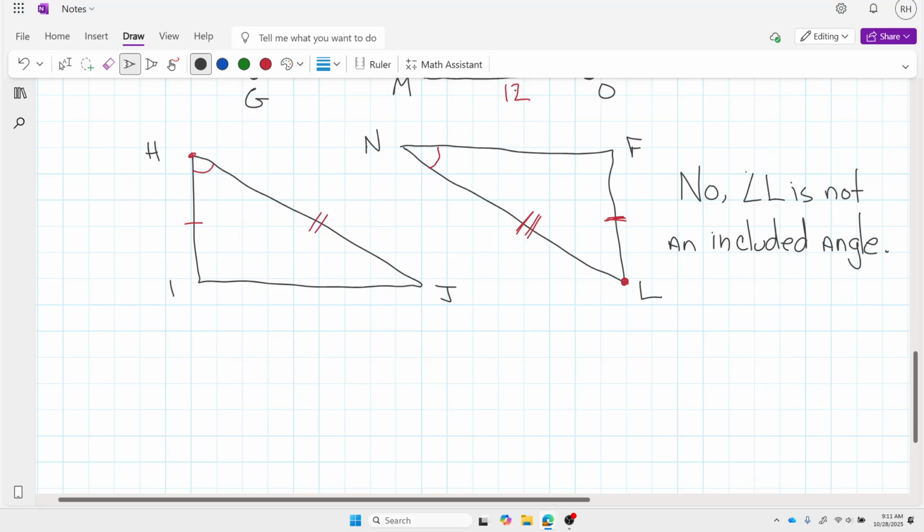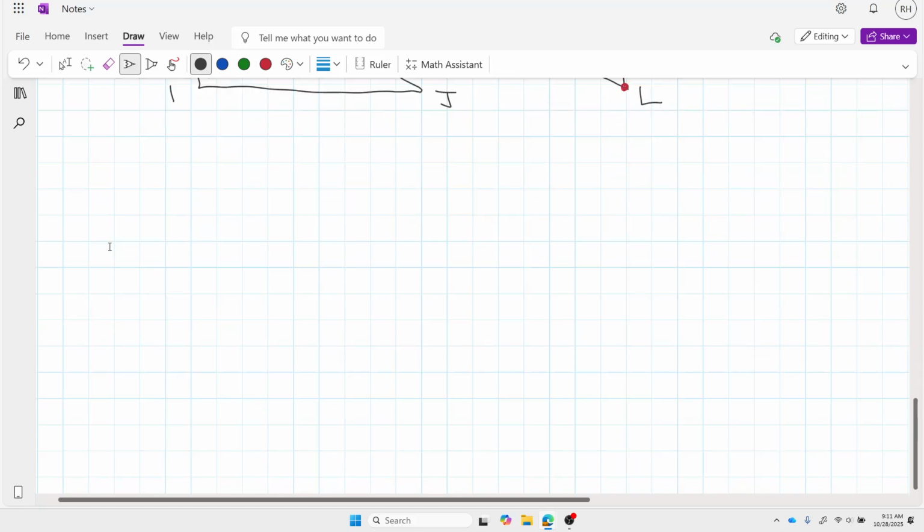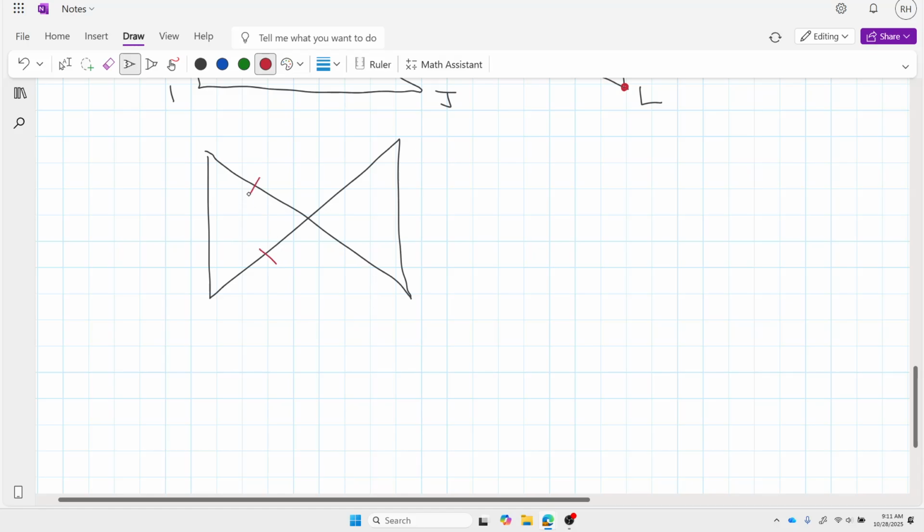All right, so any questions? All right, you don't need to write this down, but just be aware that if you get one of these bow tie problems, and you get tick marks that are like here and here and here and here, and that's all the information that's given, you're expected to know that vertical angles are congruent to each other.